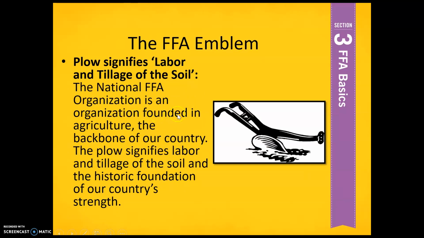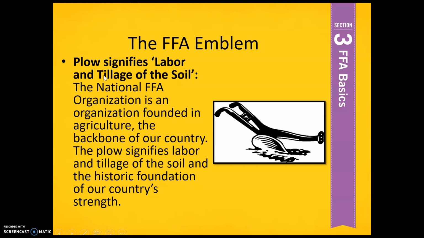You'll also notice the plow. There's a plow right in the center of the FFA emblem with an owl seated on top of that plow. The plow signifies labor and tillage of the soil. So FFA is an organization founded on agriculture, and agriculture is the backbone of our country. You see it all the time. With the current state of affairs, with everybody quarantined and the country kind of shut down in a lot of ways, what's one industry that doesn't really get the chance to shut down?